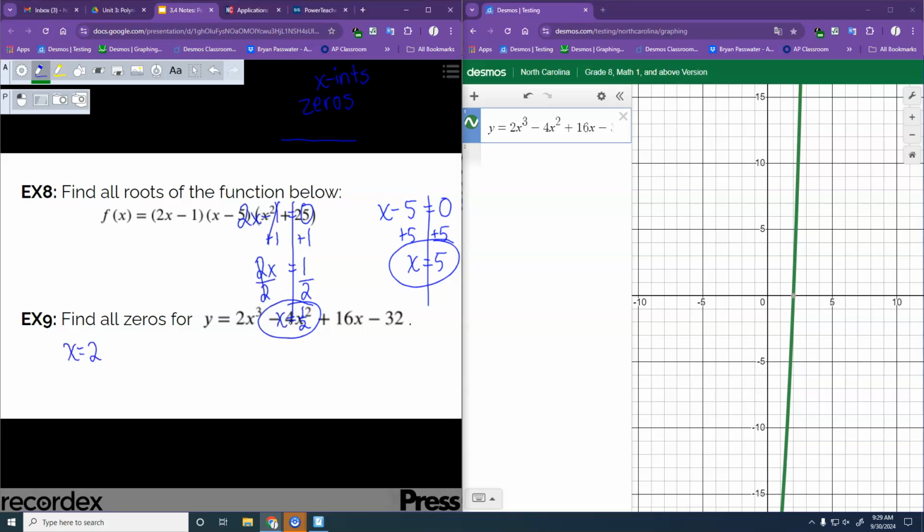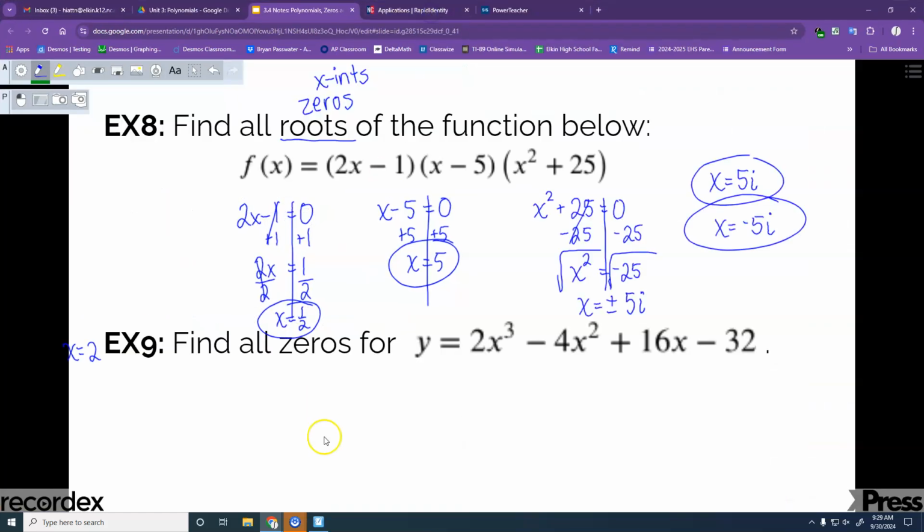But if this problem has asked me for all of the zeros, I need to know the imaginary ones as well. Okay, so like I said, this will be the hardest type that you've got to do. If you have x equals 2 as a zero, that means x minus 2 is a factor.